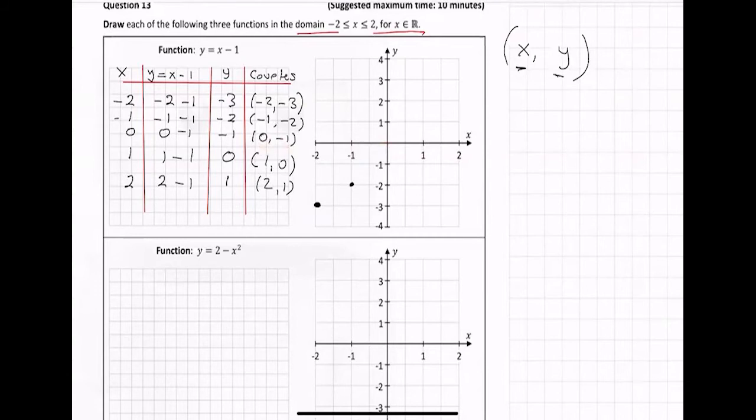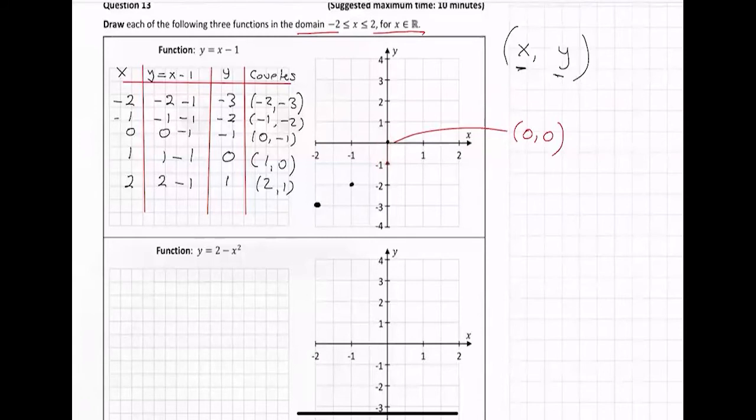The next one is 0, -1. So this is 0 here. I haven't gone over anywhere on my x, that's 0, and I go down to -1 on my y. So I don't go over or back anywhere on my x, I stay here, but I do go down to -1.